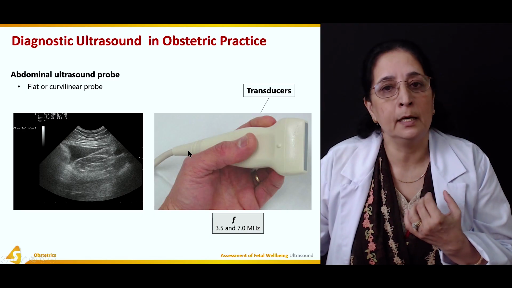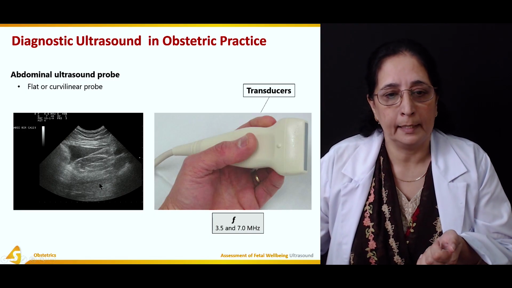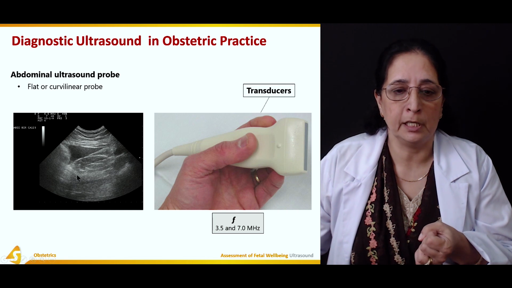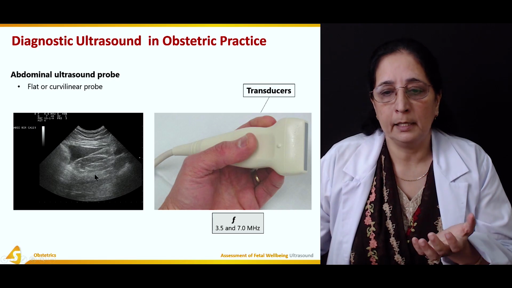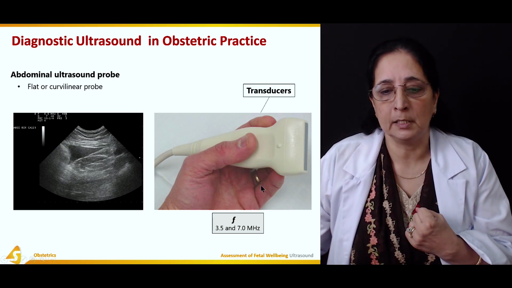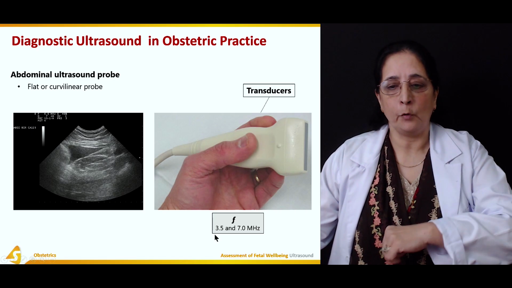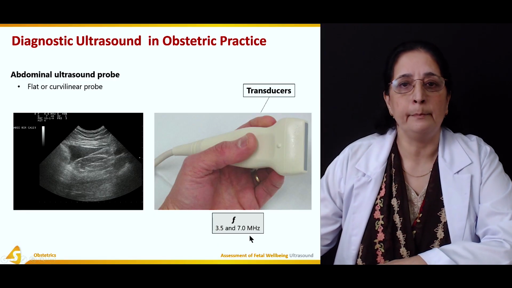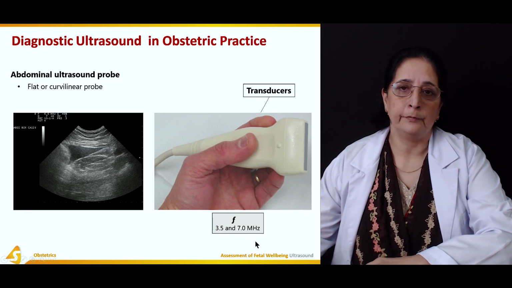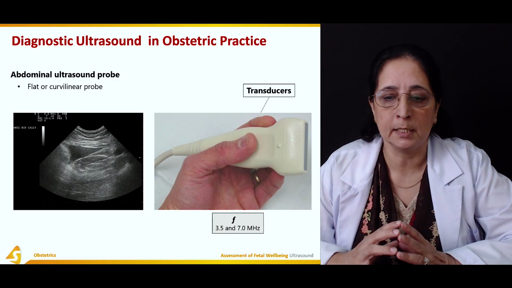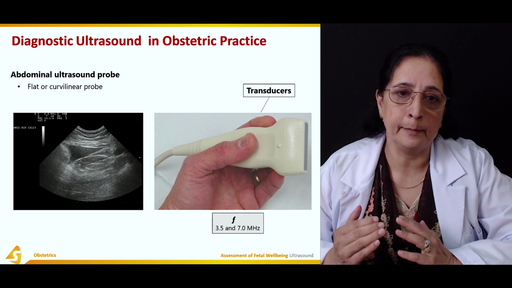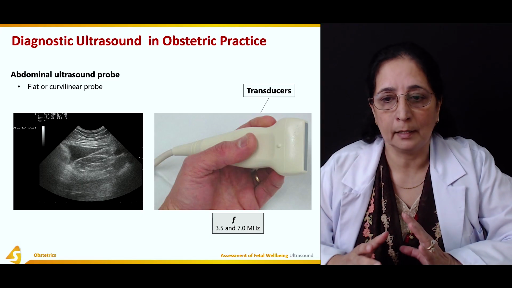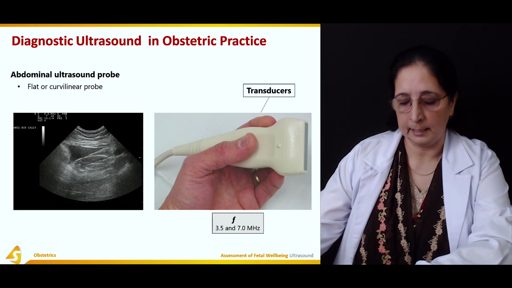This is the bigger probe, and this is the picture achieved after the abdominal ultrasound. The frequency of these probes is from 3.5 to 7 megahertz. They can be flat or curvy linear.